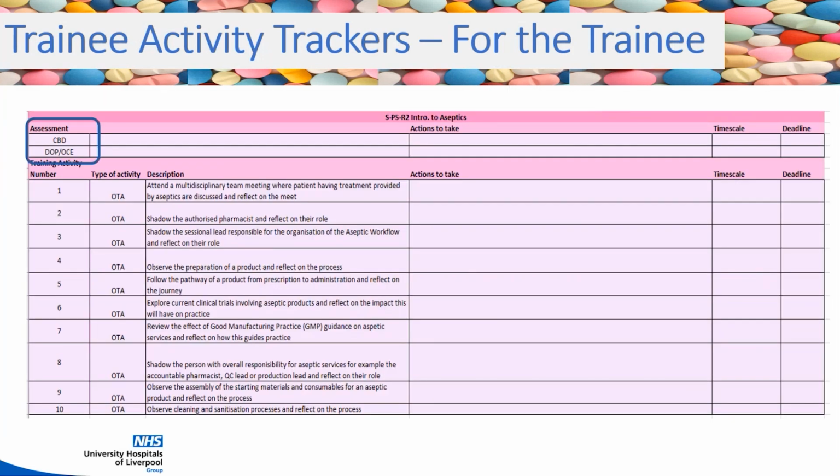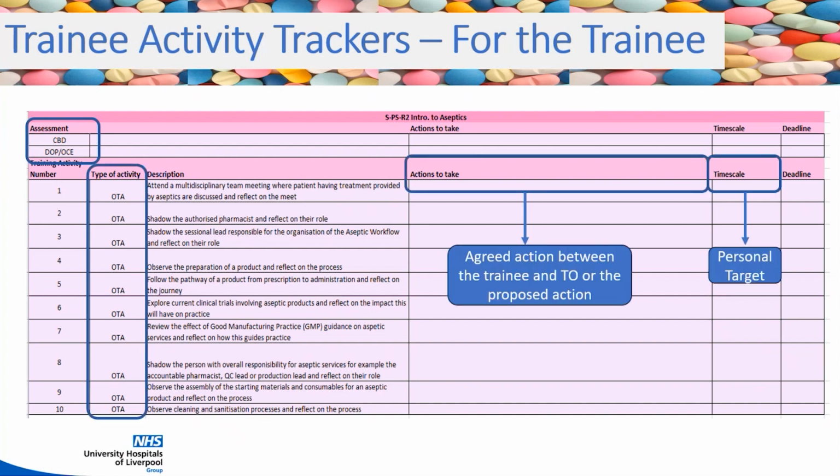This is just a further example, but I've spoken through this really, but just to highlight that in the assessments top column, if you remember from the activity tracker for the training officers, there was a whole range of different CBDs, DOPs and OCEs. Now, the CBD is dictated by the trainee and the training officer because they can be a range of different topics.